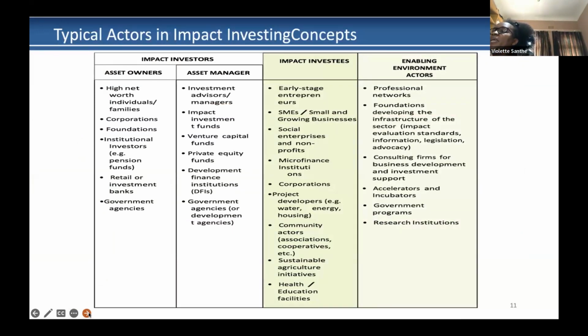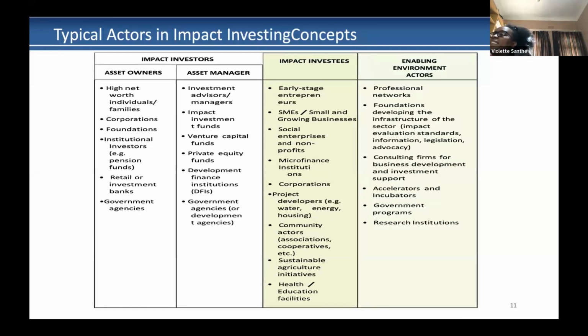This slide is showing us the typical actors in impact investing concepts. I know the slide may not be very clear, but you may look at it again in your own time. Basically it's showing impact investors. In this case, you can have two groups, asset owners and asset managers. Among the asset owners, you can have, let's say, high net worth individuals and philanthropies. And among the asset managers, you have investment advisors, managers, impact investment funds, and venture capital funds.